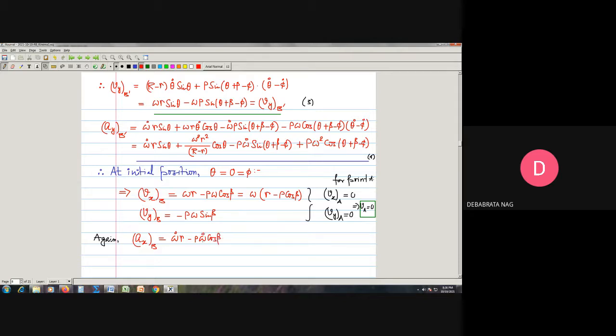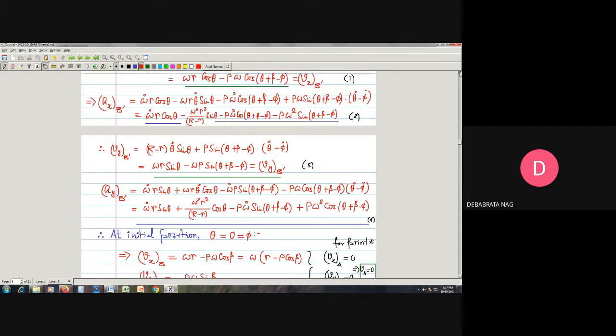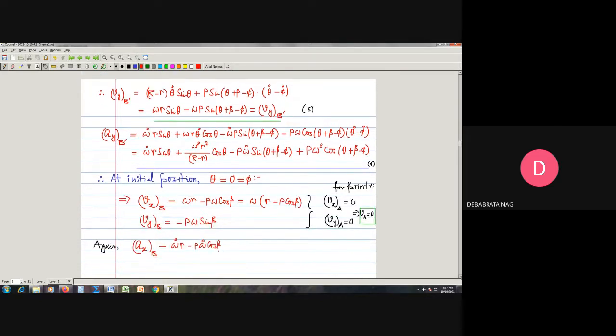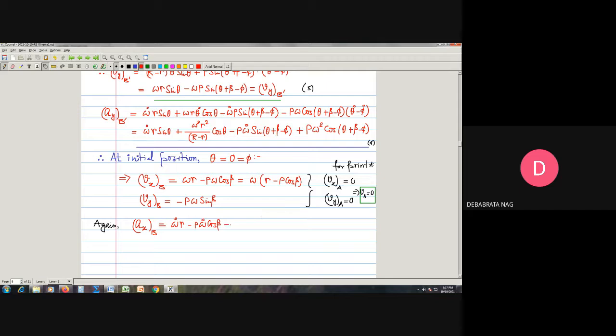So both omega dot terms are there. That is one thing that we can further analyze. And then theta and phi both 0. So it becomes minus rho omega square sine beta. So we can write this to be equal to minus rho omega square sine beta.